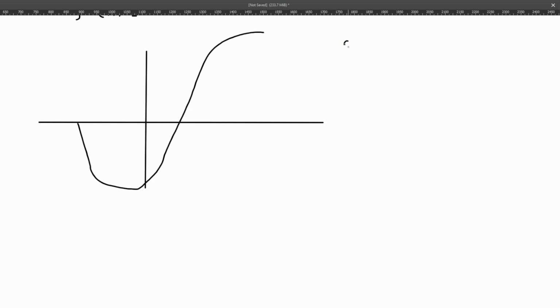If you look at this curve right here, if I draw it in red, we see that the slopes of the tangent lines in this region are decreasing, meaning that in this region the second derivative is negative because the slopes of the tangent lines are decreasing.